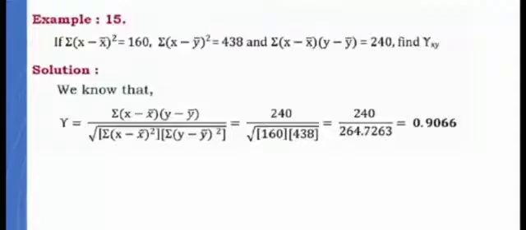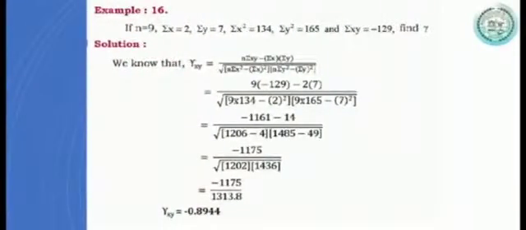For this we use the formula R is equal to summation x minus x bar into y minus y bar divided by square root of summation x minus x bar whole square into summation y minus y bar whole square, and we substitute all the values given in the question. In correlation there are different kinds of formulas, so based on what data is available to us, we apply that formula, then substitute and calculate the values.